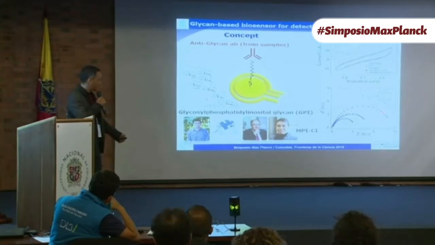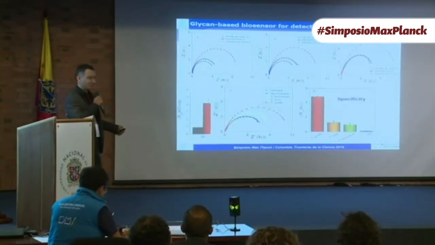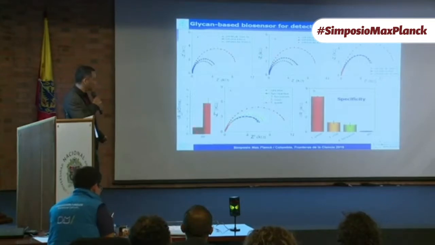This is the signal with respect to a non-reactive serum. Here, we also optimize the concentration of GPI based on the signal to noise ratio. And what is more important, we check specificity against other parasites like cruzi and falciparum, and it is absolutely specific.